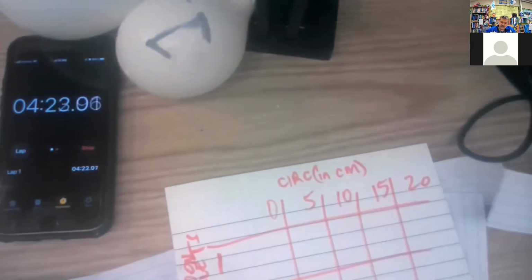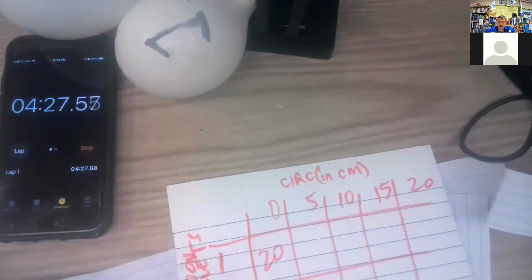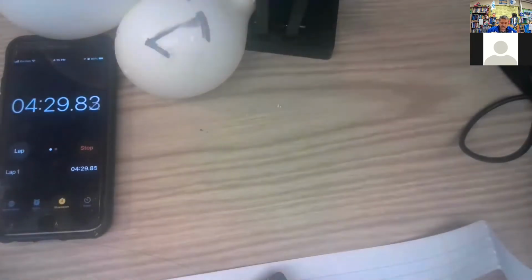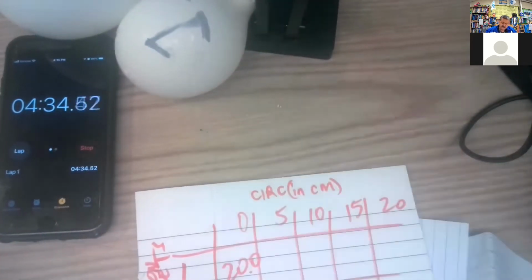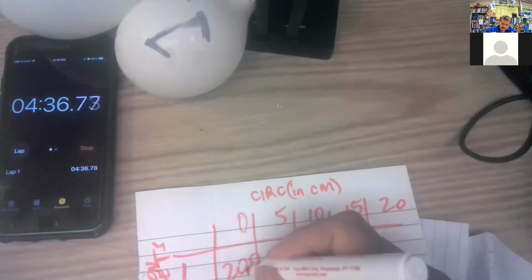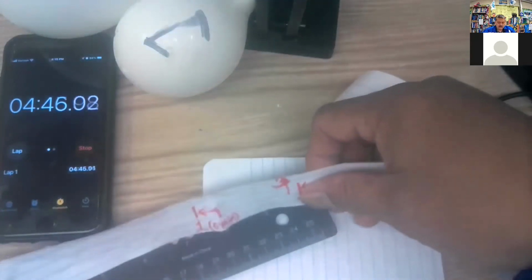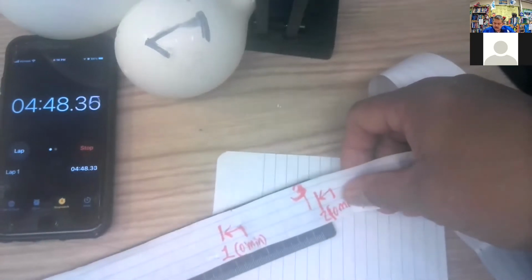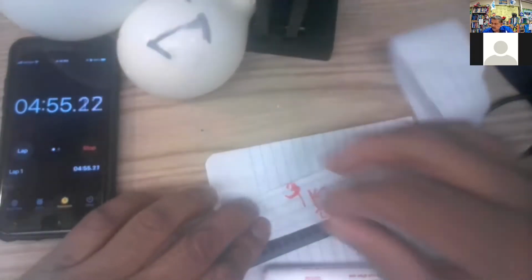I have tenths of a centimeter, but it was close to 20.0 centimeters right there. Let's get number 2. Number 2 was a little bit more than what I can measure with this, so more than 25.